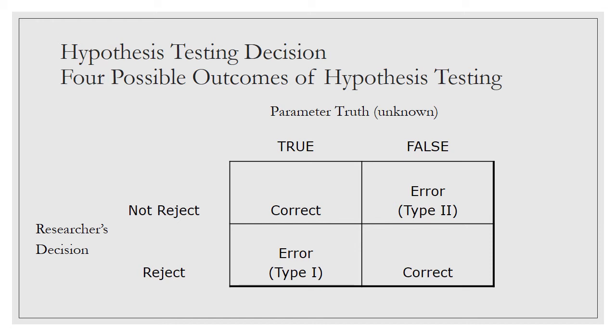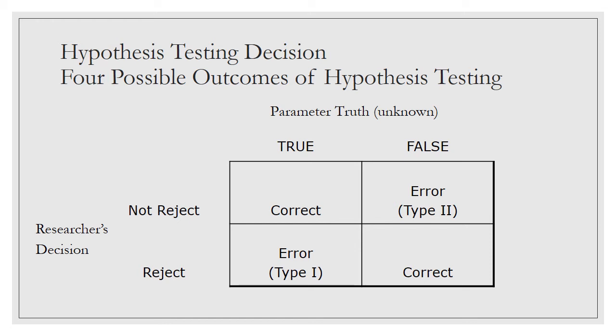Going along the side, our rows, these are the researchers' decisions. They did not reject it, or they accepted it, or they rejected it. So it's not reject versus reject the null hypothesis. If a true hypothesis is not rejected, or a false hypothesis is rejected, there's no error.